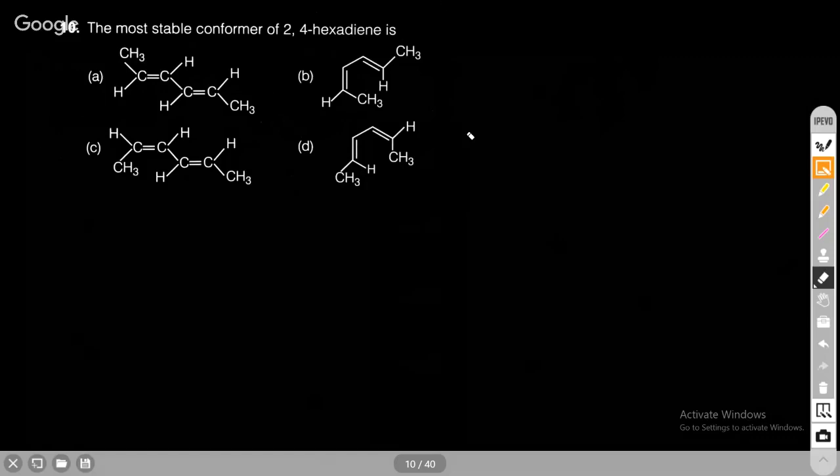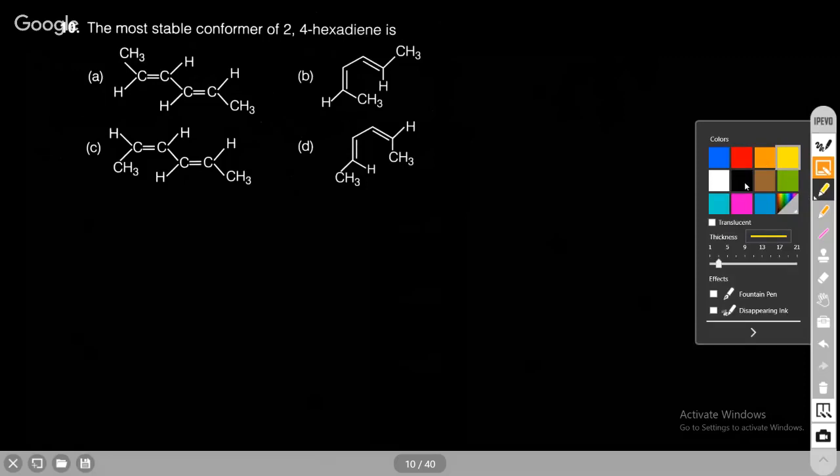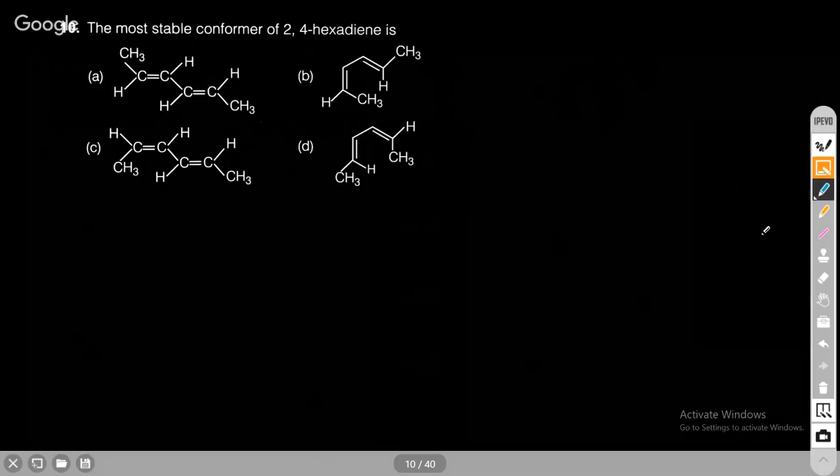Do you see how many stereo centers we have in these compounds? First option, how many stereo centers do we have? Correct, correct. How many stereo centers in the first one? Both double bonds, right, Saundarya?